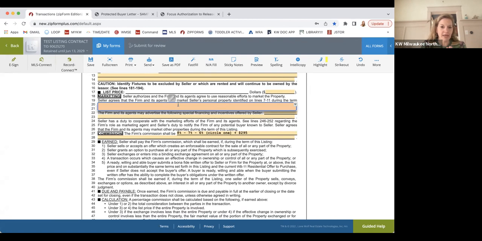What I see a lot of times, as you're going through this listing contract, presumably ahead of this, you have gone through and described how you're going to be marketing the property to the seller as part of your listing presentation. So I see a lot of times agents will just write J. Schmidt Group marketing plan. As solo agents, you could say Keller Williams and Emily Howland marketing plan, and that would include all of the things that you've described to them.